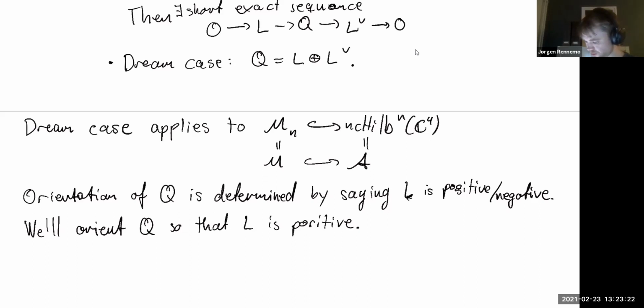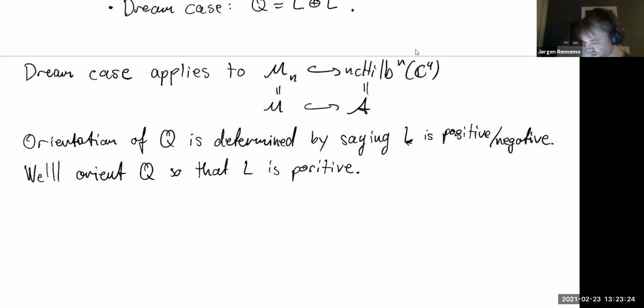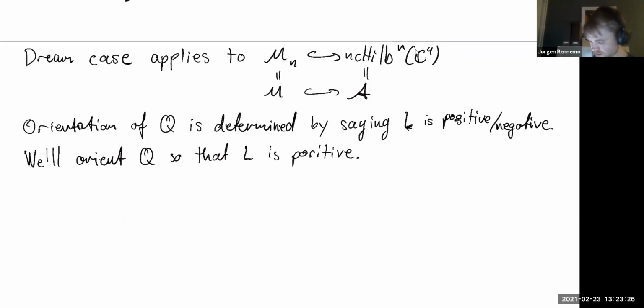Right. Okay. So now we're in the dream case, and we want to specify what this symmetrized virtual structure sheaf is.